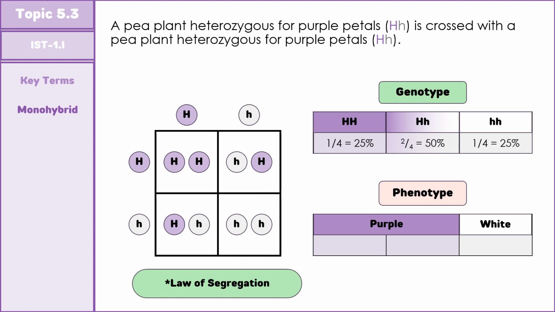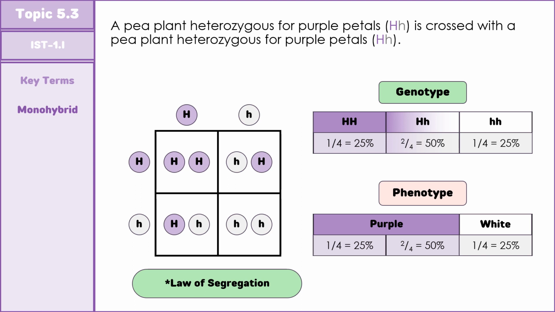From these traits, we know, based on the law of dominance, that if we have a dominant trait present, we are going to express that dominant phenotype. So we have altogether a 75% chance of having purple offspring, and then only our homozygous recessive is going to translate to a white recessive phenotype.